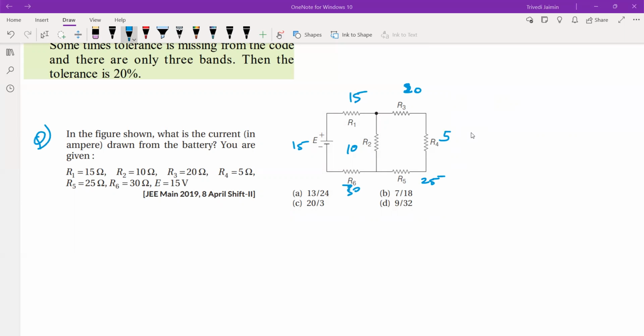First thing, you'll solve for series, simple. 20, 25, 45 plus 5, 50. So this will be 50 now.